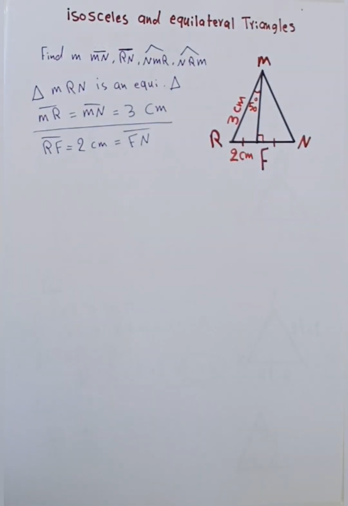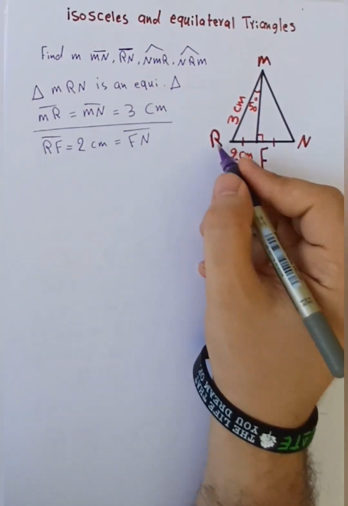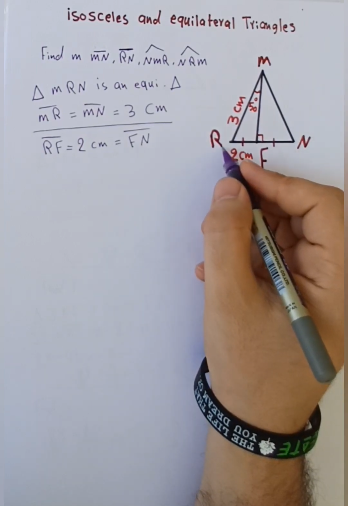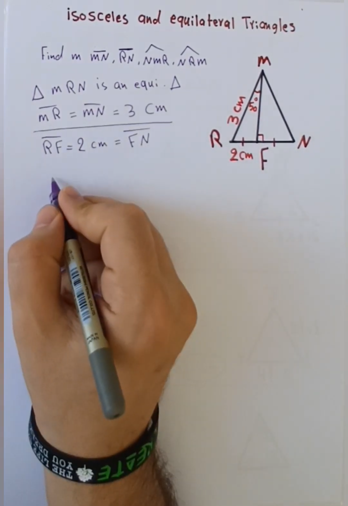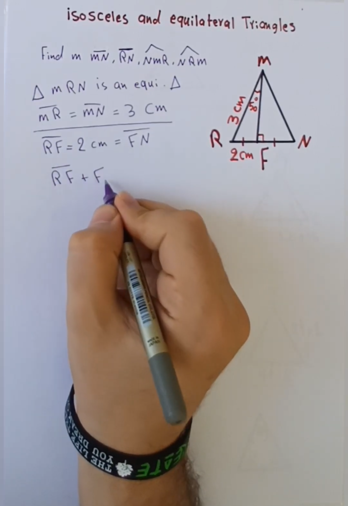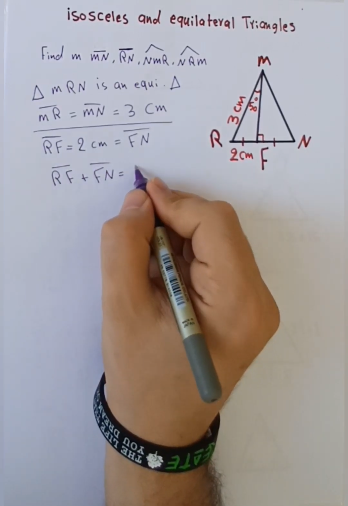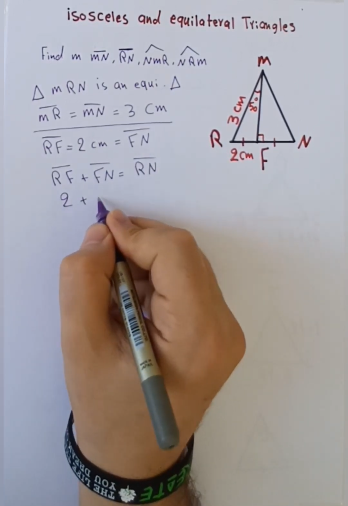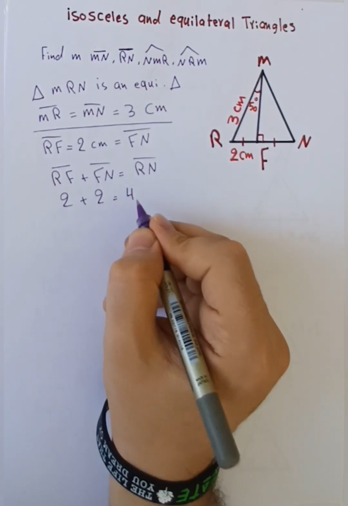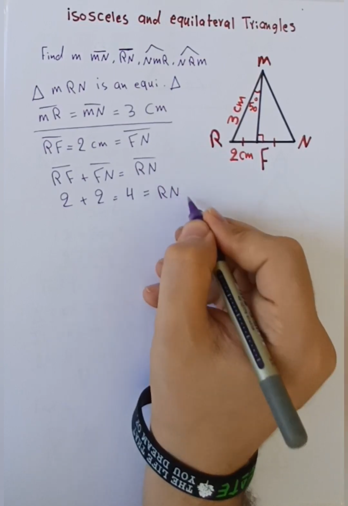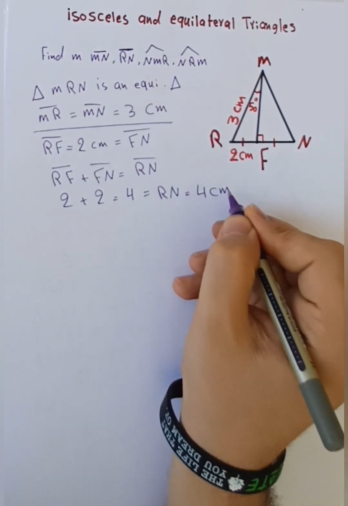Because this triangle is an equilateral triangle, RF is 2 and FN is 2. Now we have to add RF plus FN equal to RN. RF is 2 plus 2 equal to 4. So the length of RN equal to 4 centimeters.